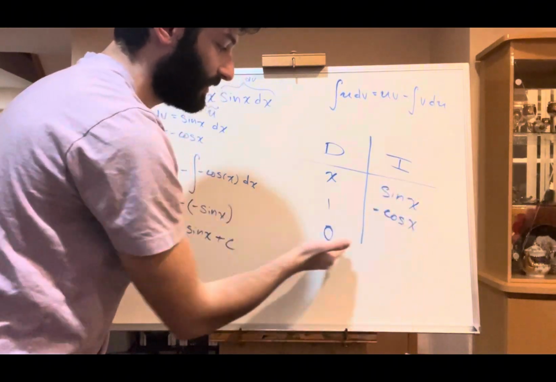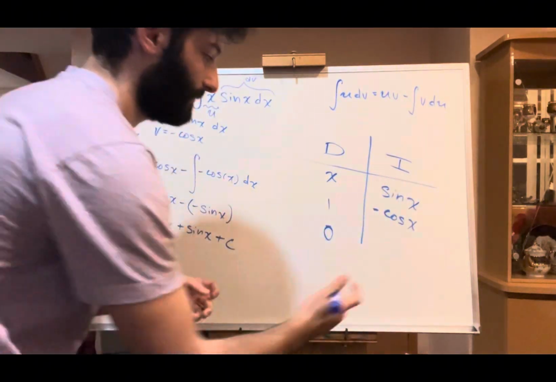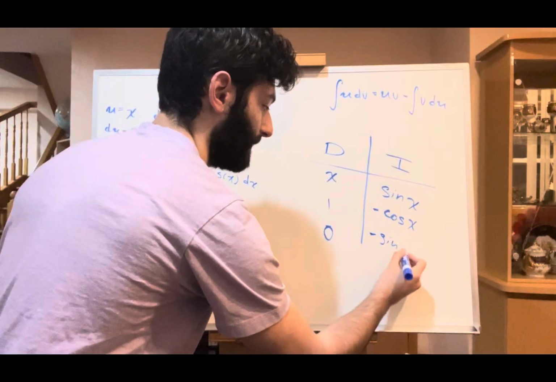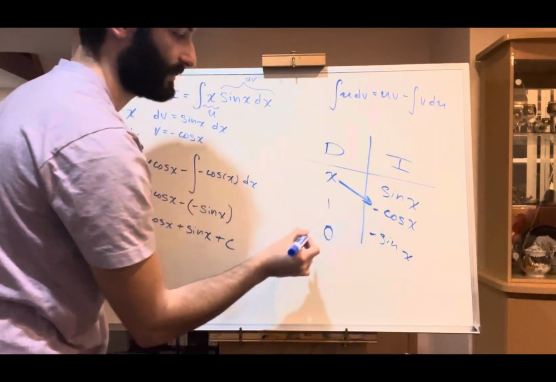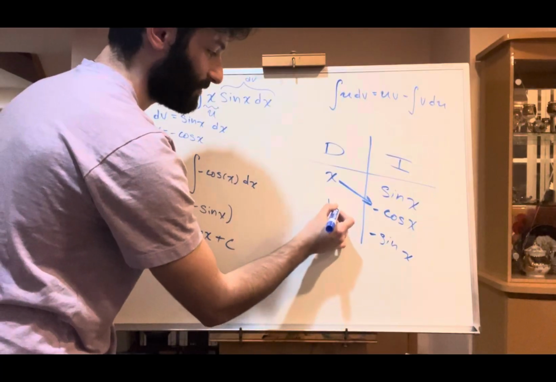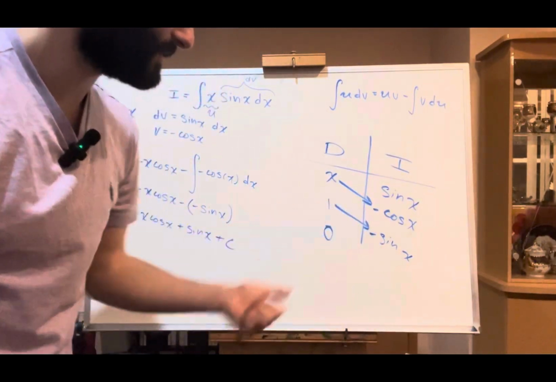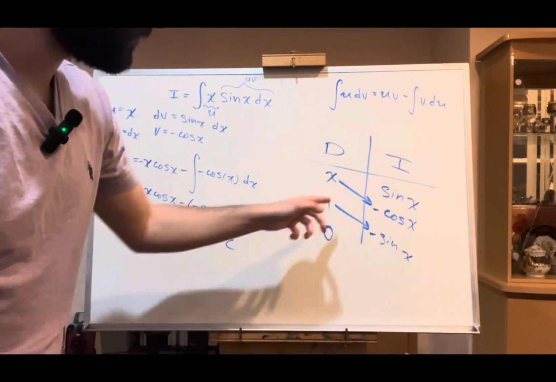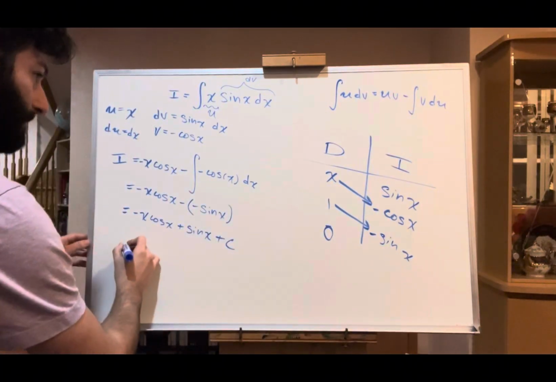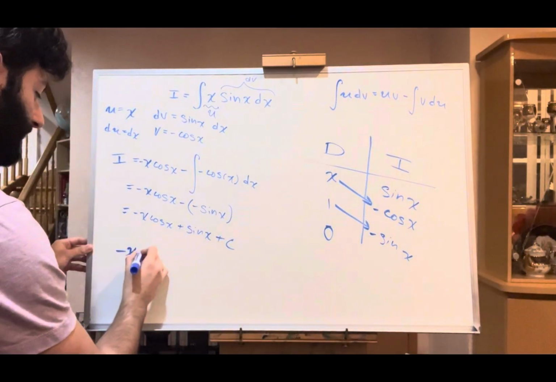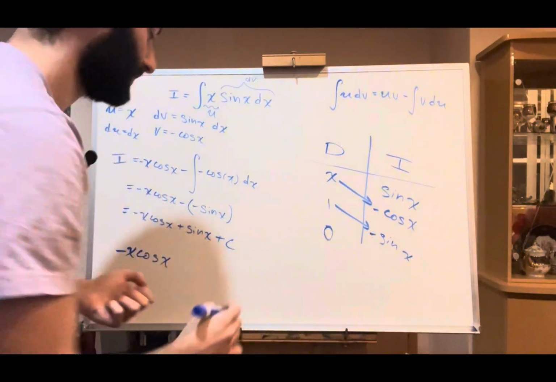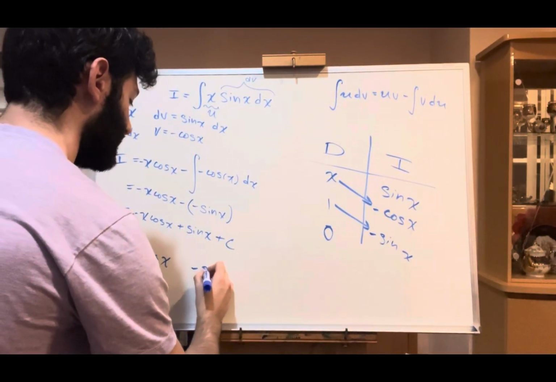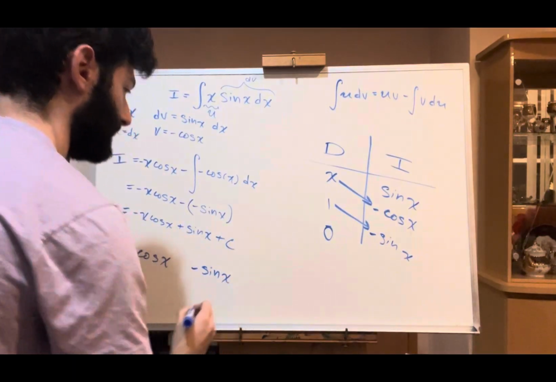We have to make sure that each row is fully complete, and then we simply multiply these 2 terms, and then we multiply these 2 terms, and we add them together. Well, when we multiply these 2 terms, we get minus x cosine of x. And when we multiply these 2 terms, we get minus sine of x.